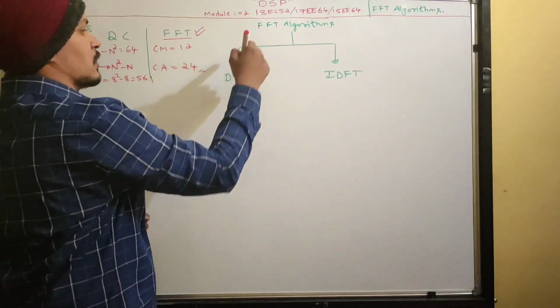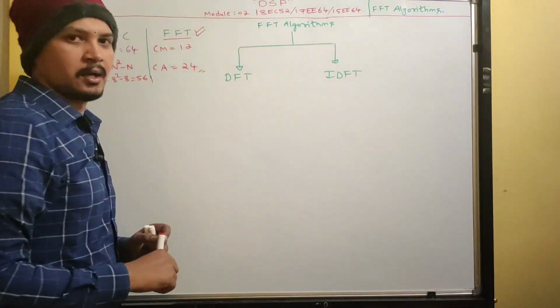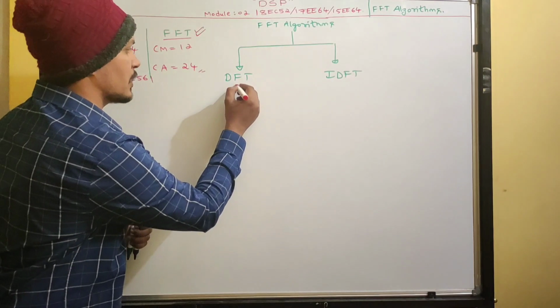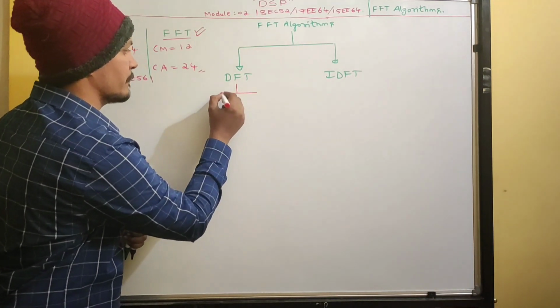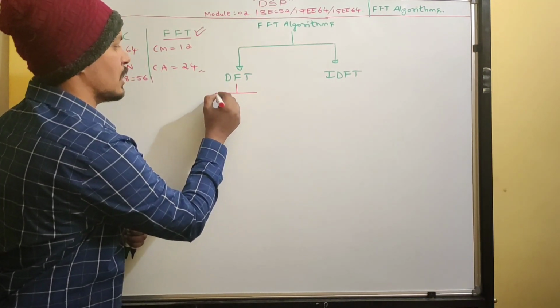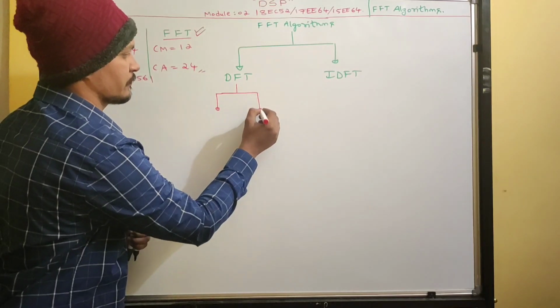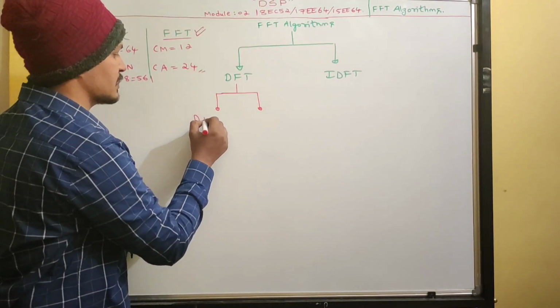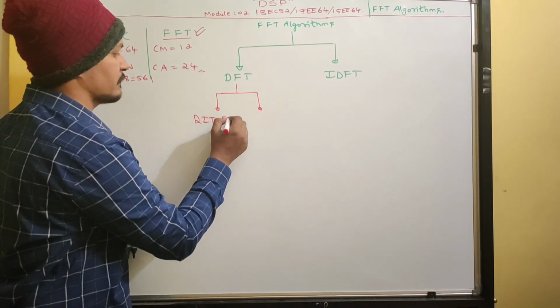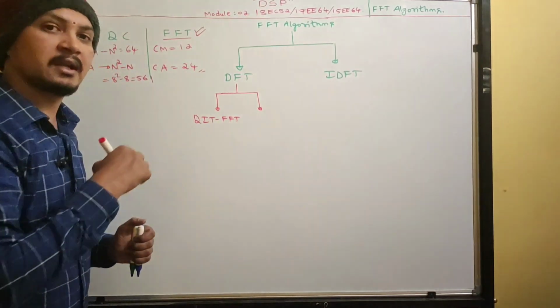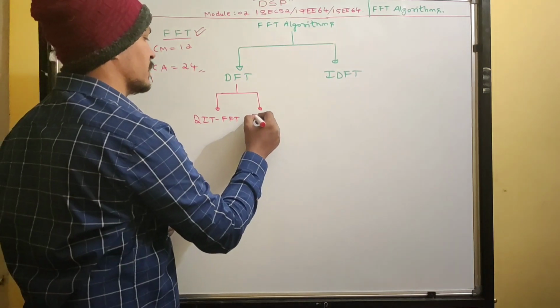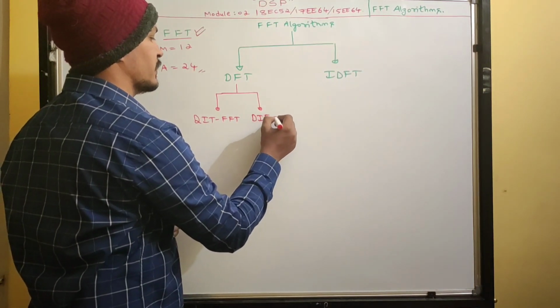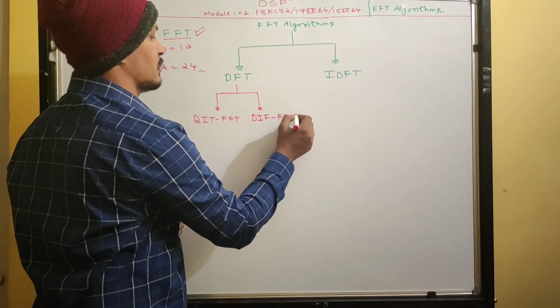So FFT algorithms will compute DFT and IDFT. To compute DFT, we are using two methods: decimation in time FFT, DIT-FFT, and another one, decimation in frequency FFT, DIF-FFT.